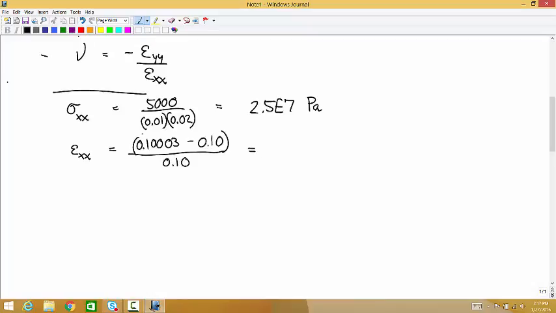And so you get 0.00003, but then you divide by 0.1. Oh, okay. Yep.